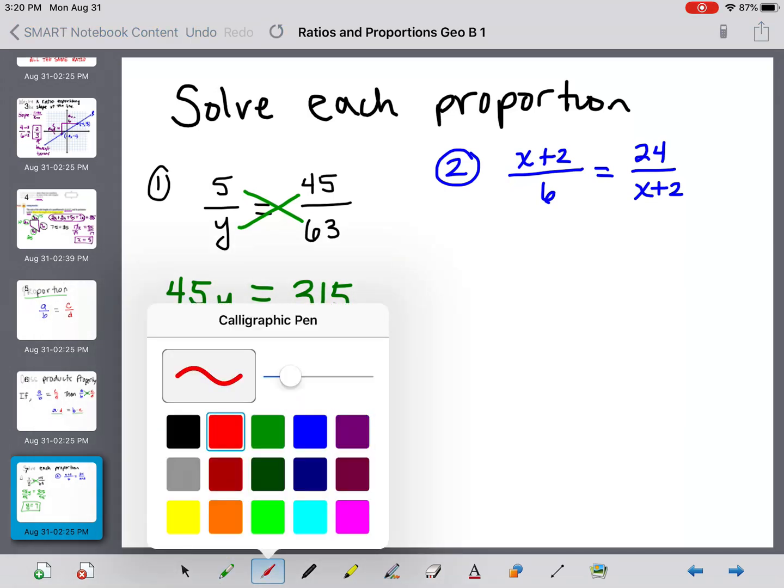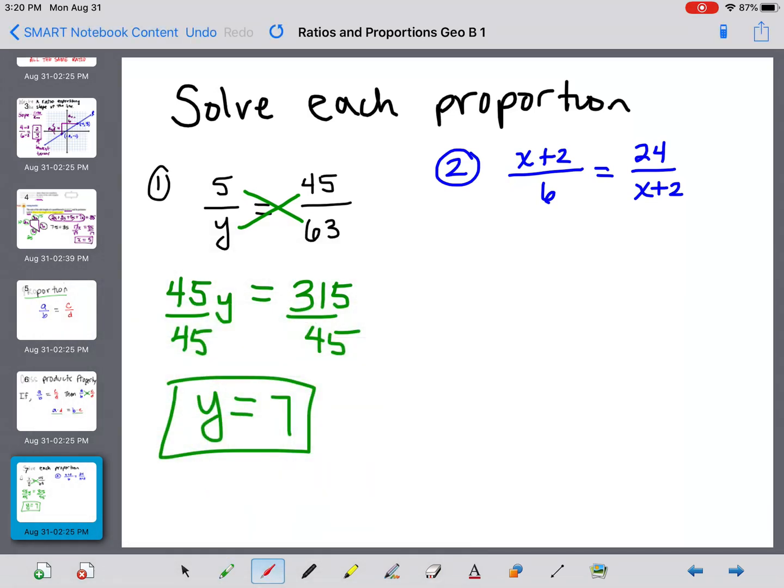For example 2, we have the quantity x plus 2 over 6 is equal to the ratio 24 over the quantity x plus 2. Again, let's multiply the variable side first. We multiply x plus 2 times x plus 2, and set it equal to 6 times 24.